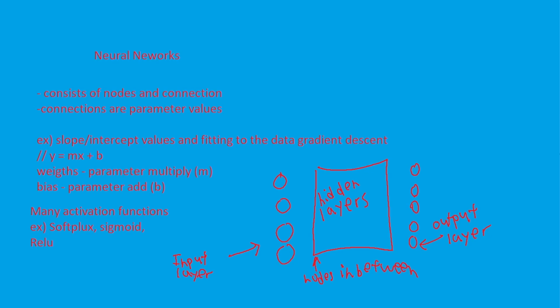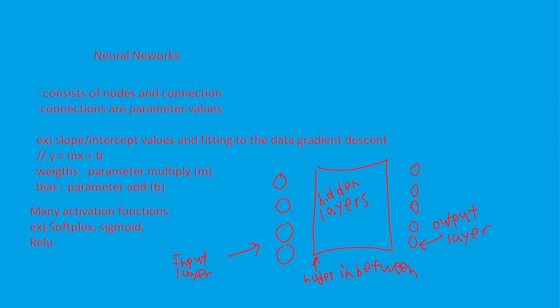It could be like true or false, like do they have a feather for a bird, true or false for image recognition. Or it could be an arbitrary value, like a stock price, multiplied by a weight, and it goes to the next node. So weights are parameters that you multiply, biases are parameters that you add.